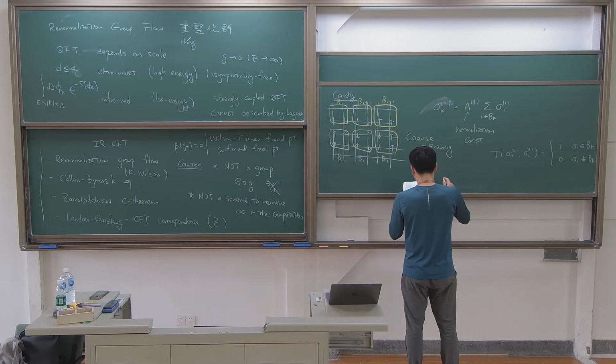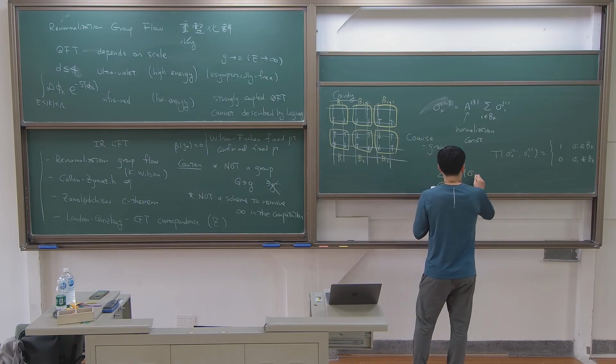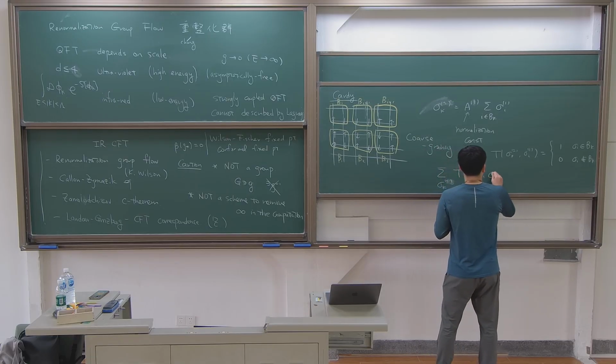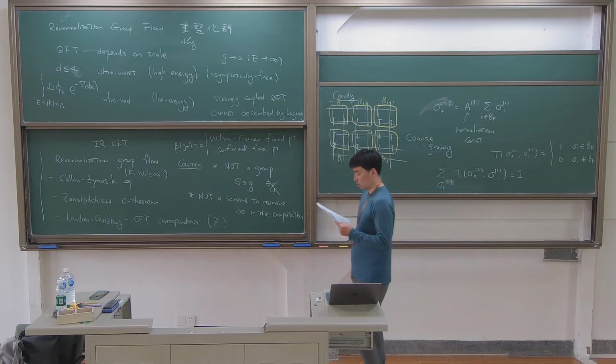And then we impose this condition such that the sum over k of T_k(sigma_2, sigma_1) equals 1. So we impose this for all possible sigma.